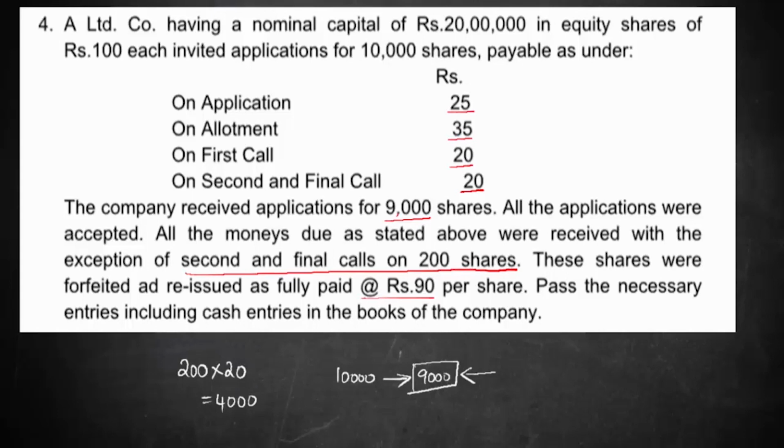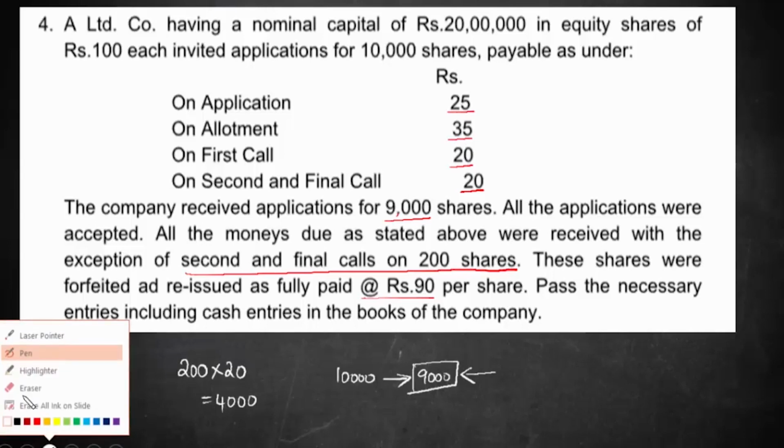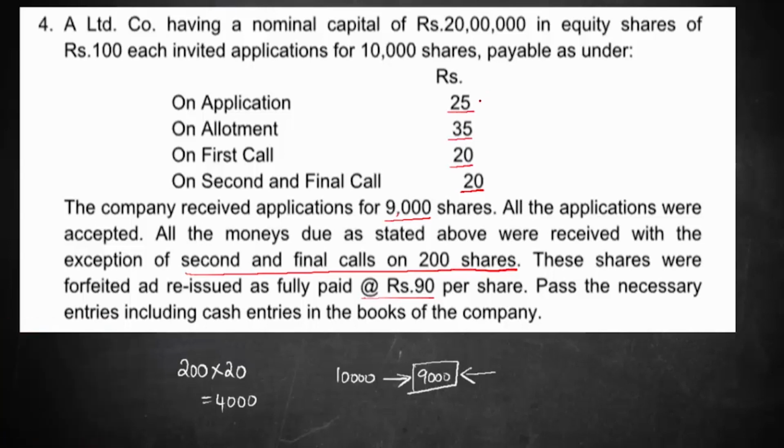We need some more information on the shares forfeited. 200 shares were forfeited, and these are going to be reissued at 90 per share. And why were they forfeited? They were forfeited because the second and final call was not paid. So how much have they paid? This is the amount that was paid, and this is the amount which is unpaid. On 200 shares, this 20 was not paid.